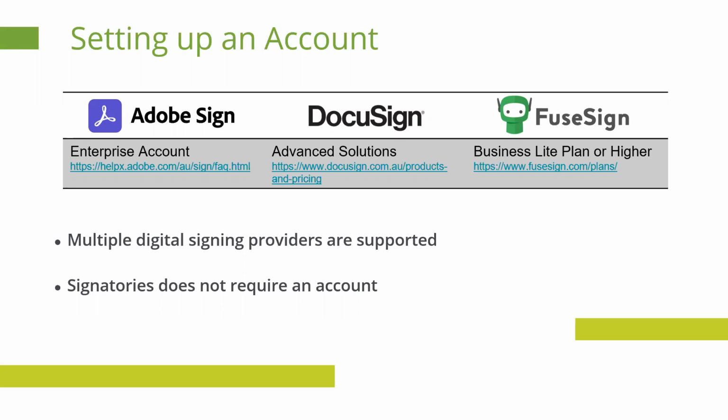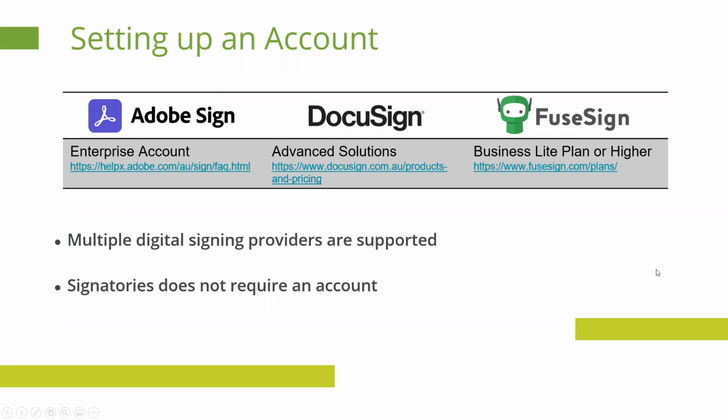What happens here is that an email will be sent to the signatories with the documents, and all they will need to do is to click on the link within the email to proceed with signing. I'll demonstrate what that looks like later on in today's session. But once again, only the CAS 360 license requires a digital signing account, whereas your clients or the signatories themselves don't require a subscription to proceed with signing.